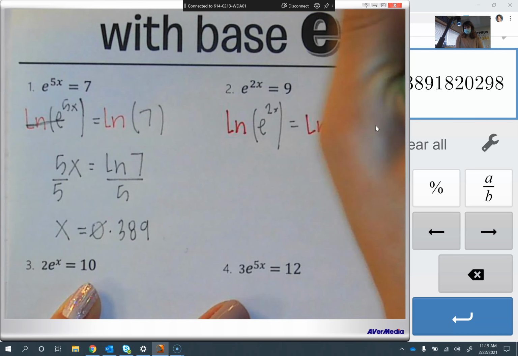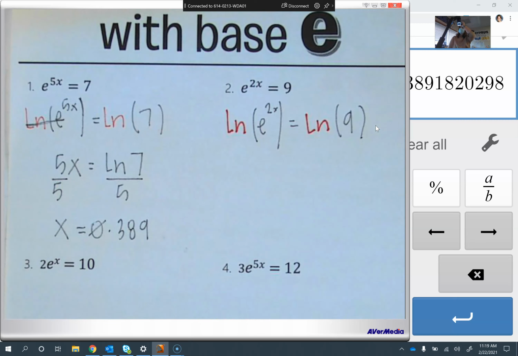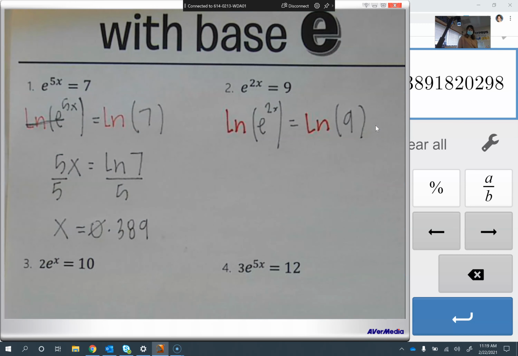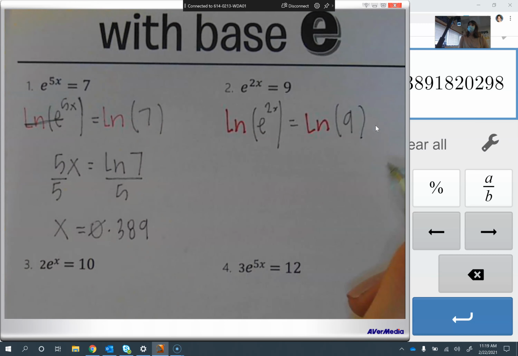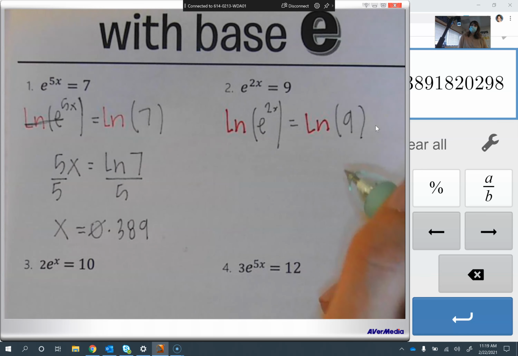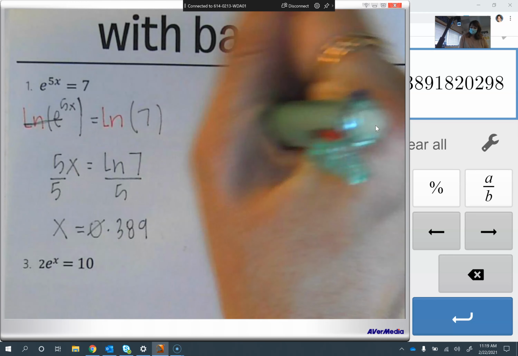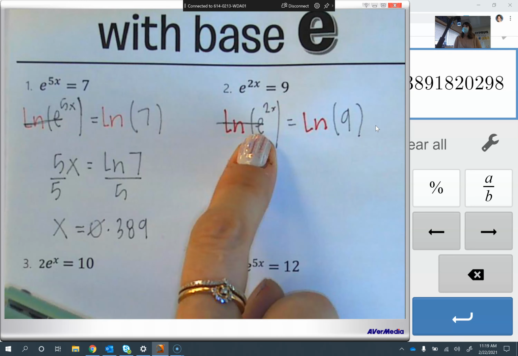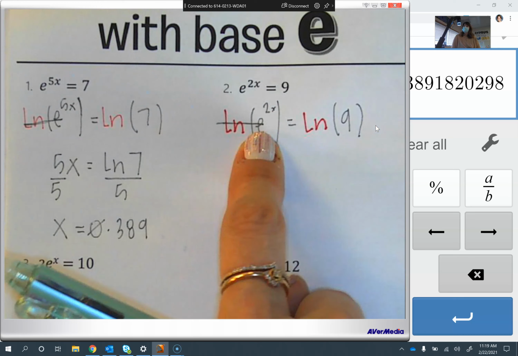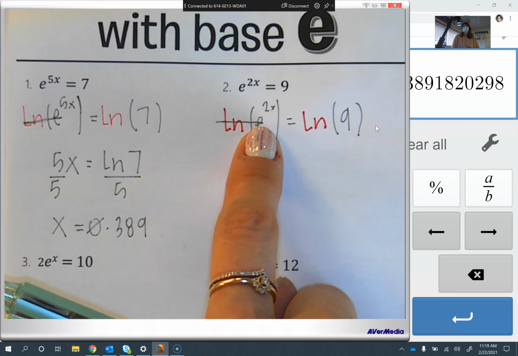And the right-hand side is going to be the natural log of 9. We have to take the natural log because these two things are inverses. So in order to get rid of that e, you take the natural log of it.